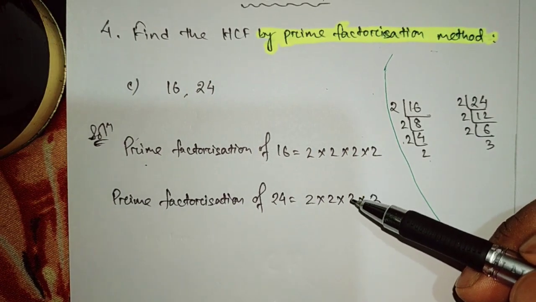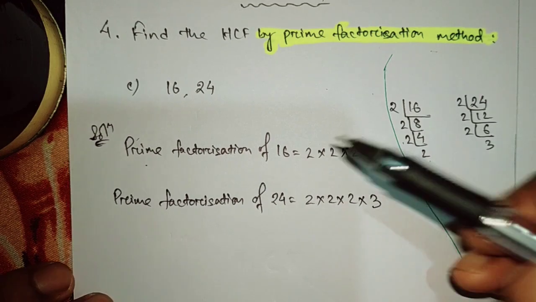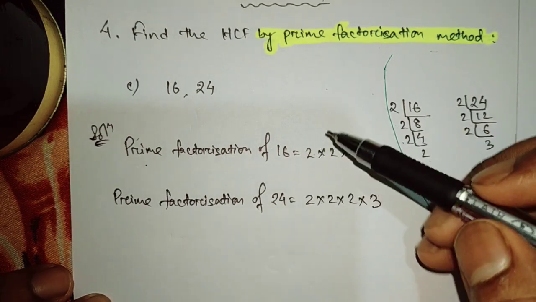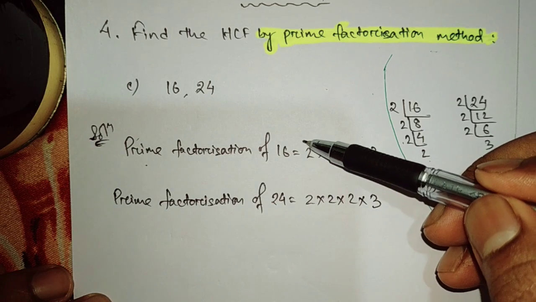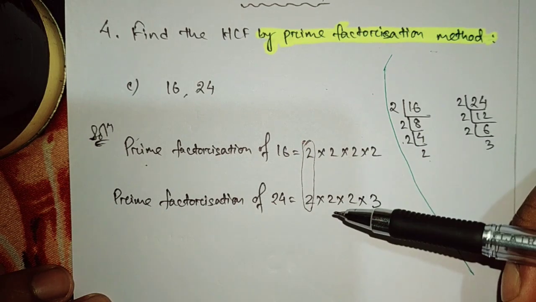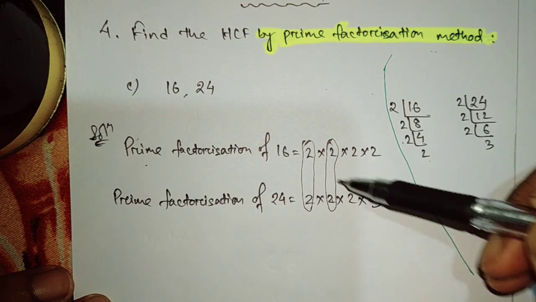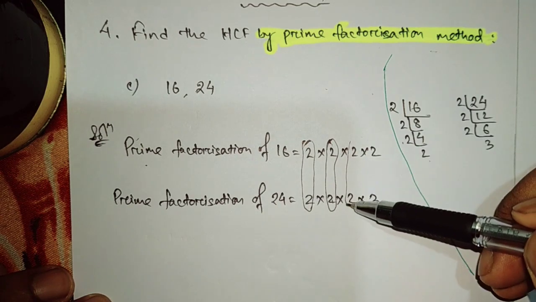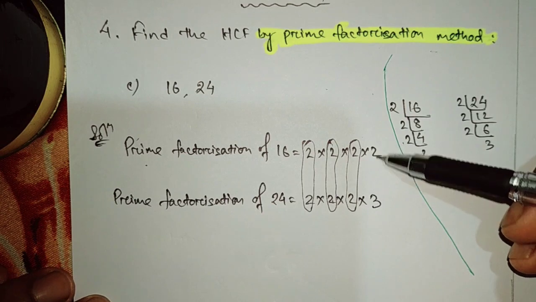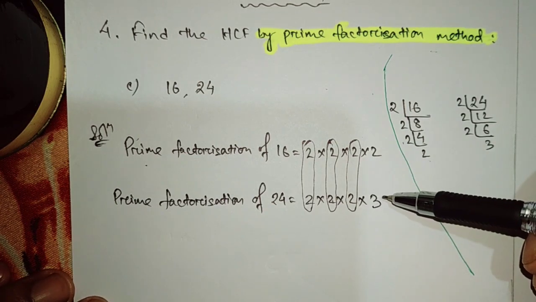Now from these prime factors we will see which numbers are common in both, that means present in both. Okay, we can see that this first pair of 2 is common, then this second pair of 2 is also common, then the third pair is common, then these 2 and 3 are not common.